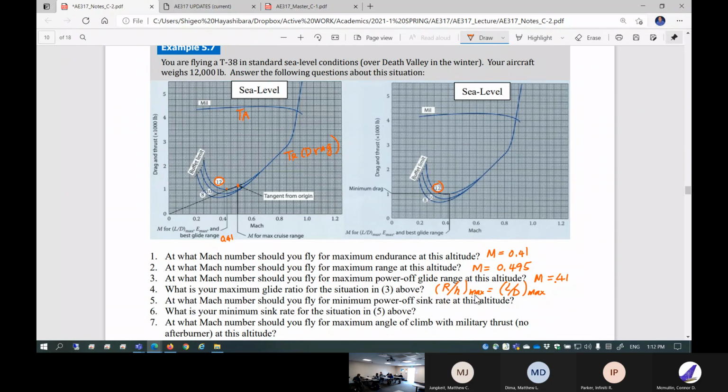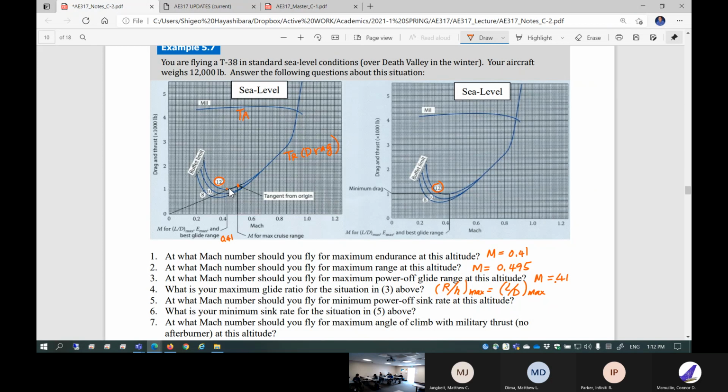What's the Mach number for that? 0.41. So you're going to choose this point, then read off drag, and then what is the lift? About equal to the weight. Almost level flight.